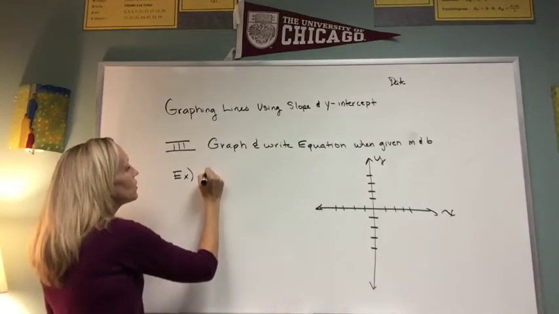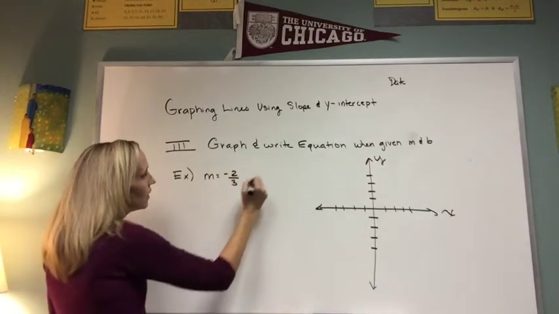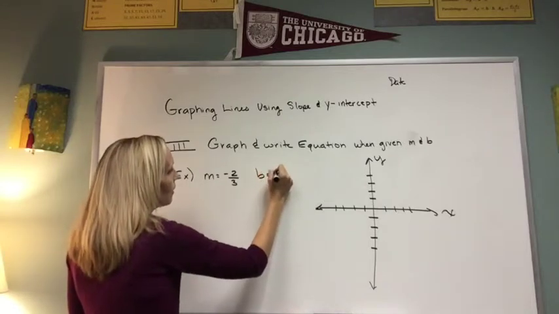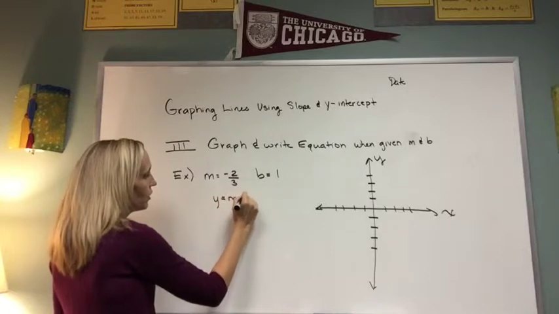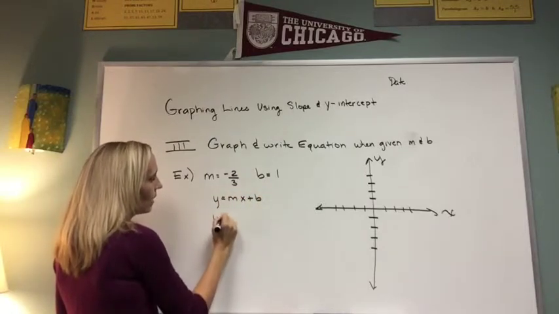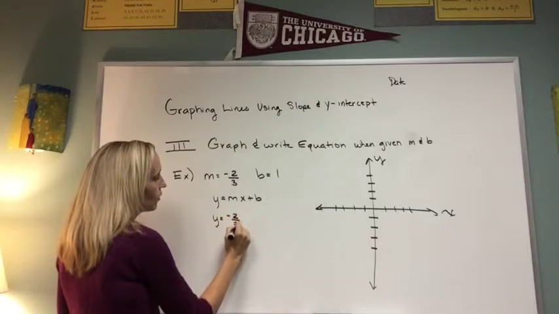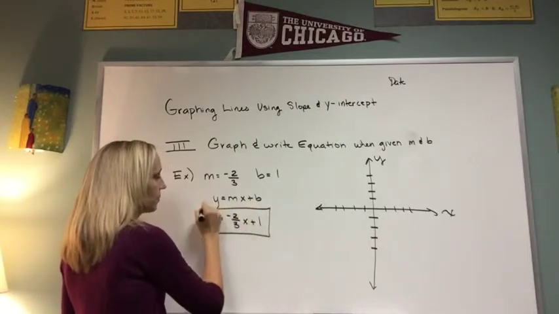Let's do a slope of -2/3 with a y-intercept of 1. Let's first put that in our slope-intercept form. So I get y equals negative 2/3 x plus 1. That seems simple, correct?